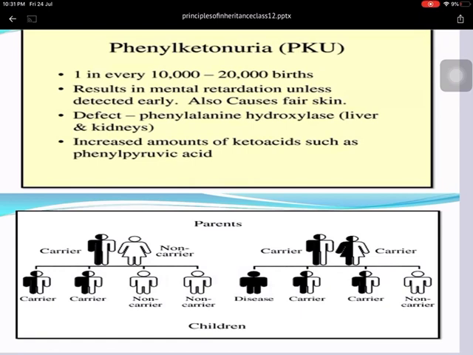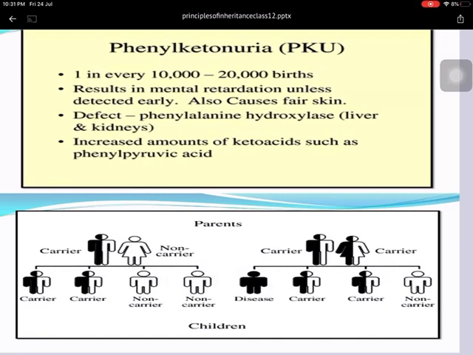If the father is a carrier and the mother is not a carrier, the son is a carrier and the daughter is not a carrier. In the second case, father and mother are both carriers: 25% are suffering from the disease, 50% are carriers, and 25% are non-carriers.